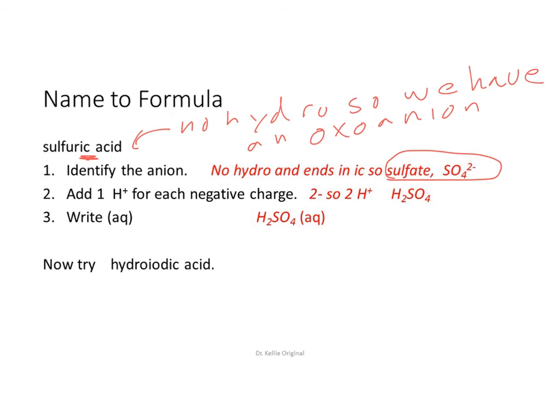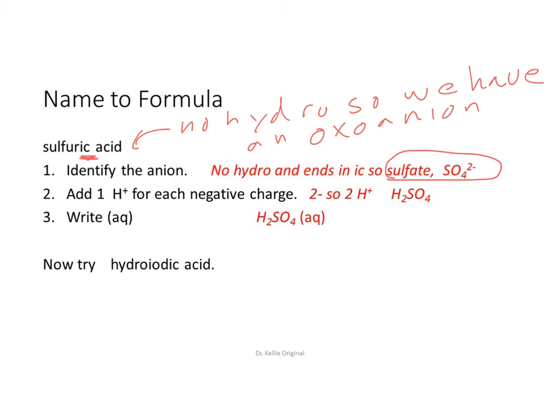The next thing we're going to do is add 1 hydrogen ion for each negative charge. Sulfate has a 2 negative. So we have to add 1 hydrogen ion for each negative charge we have. So we have 2 negative charge, so we need to add 2 hydrogens, making our acid H2SO4.